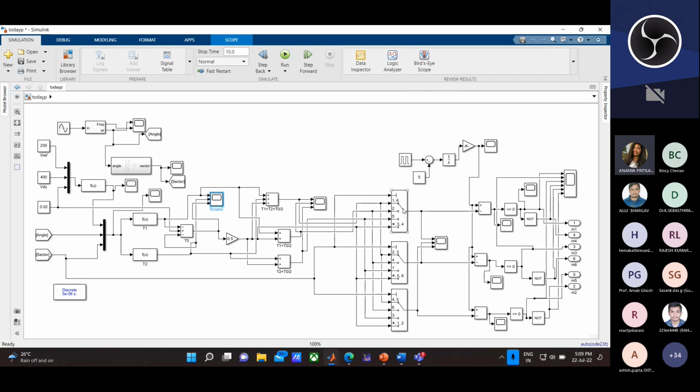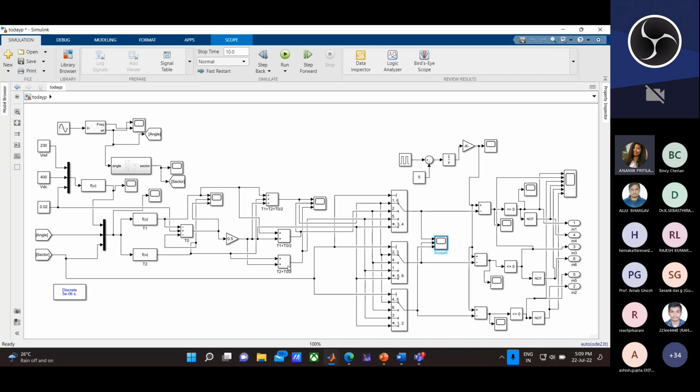Then here by multi-port switches, I am generating the signals: first I have made T1 plus T2 plus T0 by 2, and T1 plus T0 by 2, and T2 plus T0 by 2.